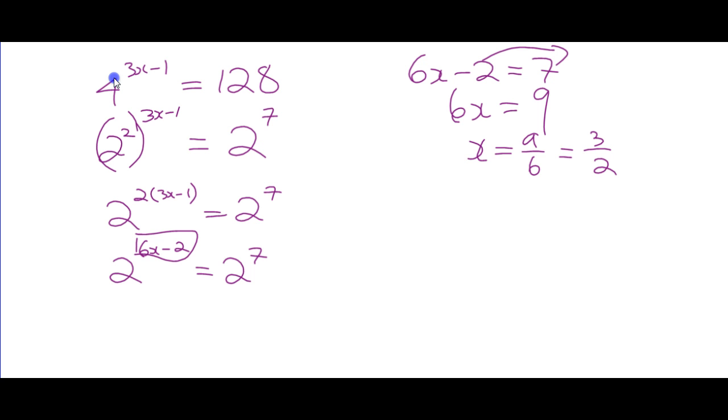Now, you want to check this, because you can. So take your calculator and go 4 to the power of, bracket, 3 times 3 divided by 2 minus 1. Put that in your calculator. What do you get?